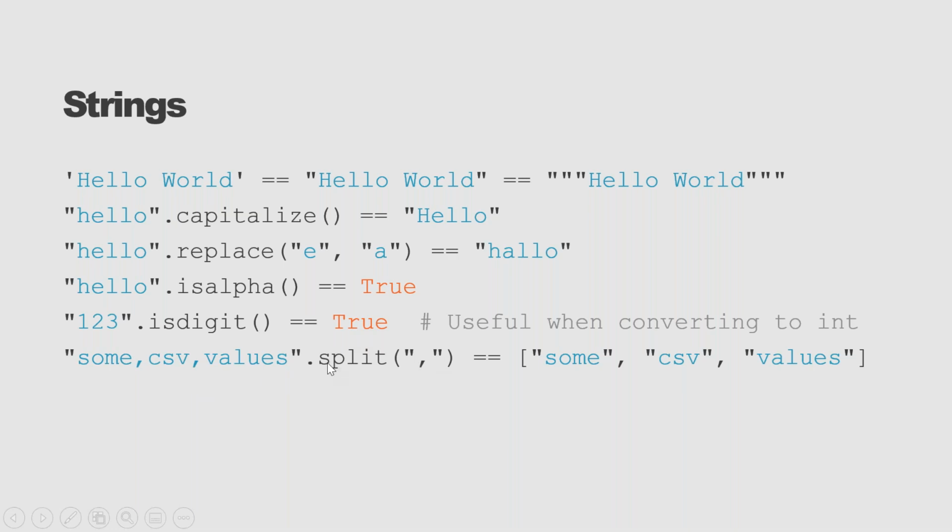So like that. If you see here, split is a function. Look at this very carefully. Capitalize is nothing but a function. Repeat, I said a function you can use anywhere and transform the results. Capitalize, replace, is alpha, is digit, split are functions. Now you ask who has written this function? Let's understand it this way. A function is nothing but a list of code which will take some input and give you output.